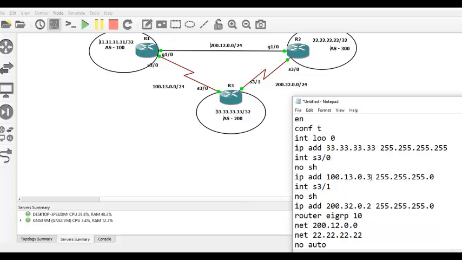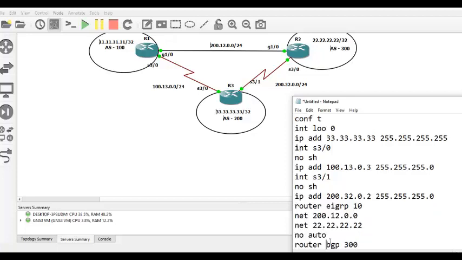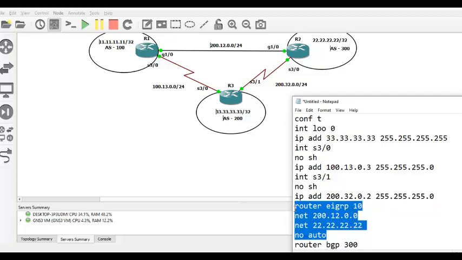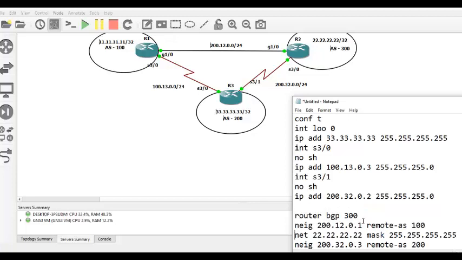So we got the loopback, we got the two physical interfaces correctly configured. And now we don't need EIGRP here. We remove this EIGRP from here, and we put BGP.